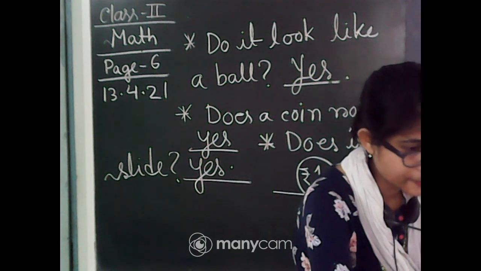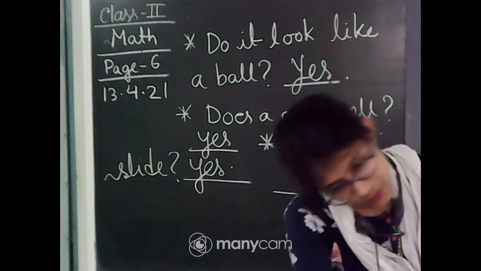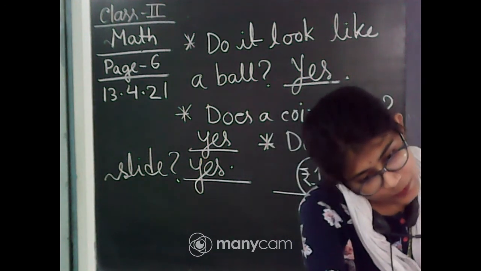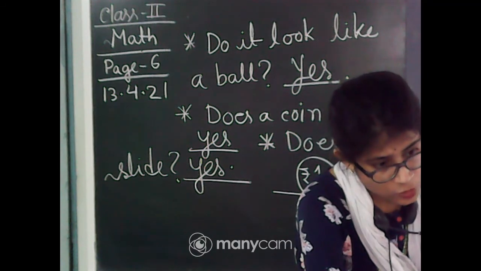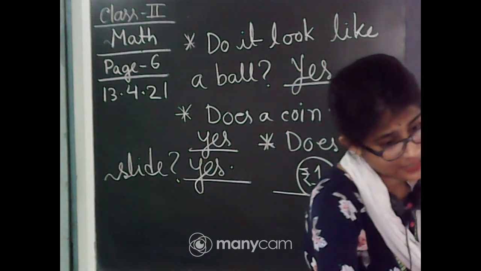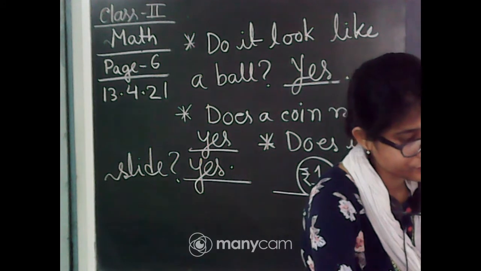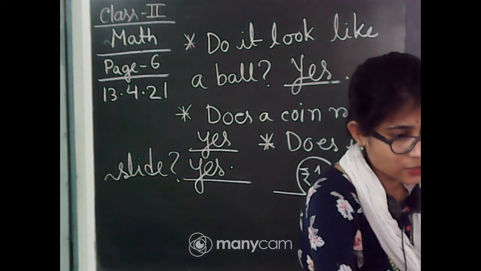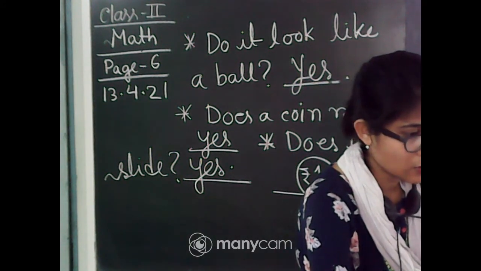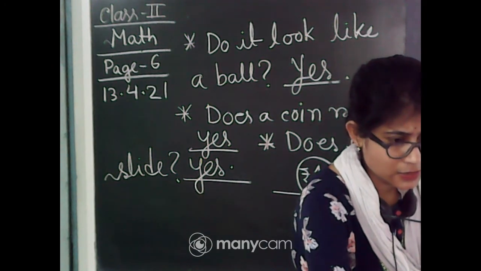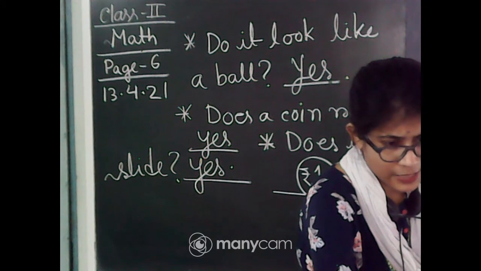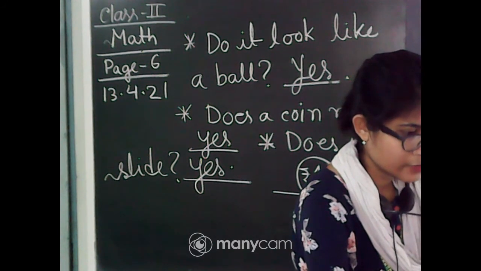All right. Anushka Nandi, coin. Duster. Okay. Audrija Kole. Okay. All right. Devayon Malik, wheel, gas cylinder, bucket, coin. Okay. All right.